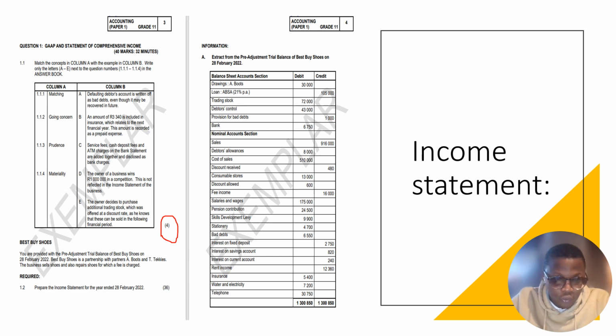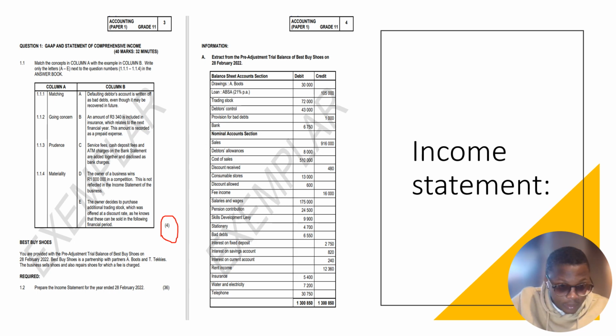So I won't go through it. The name of the partnership that we're dealing with is Best Buy Shoes. We are provided with a pre-adjustment trial balance of Best Buy Shoes on 28 February 2022.